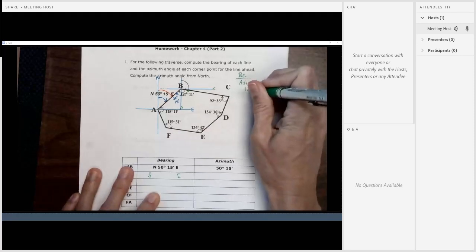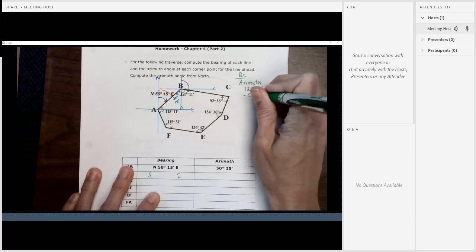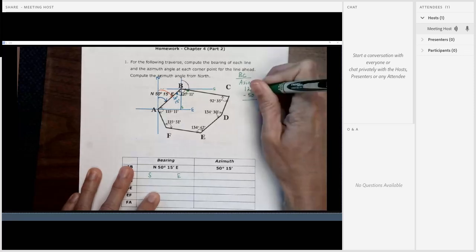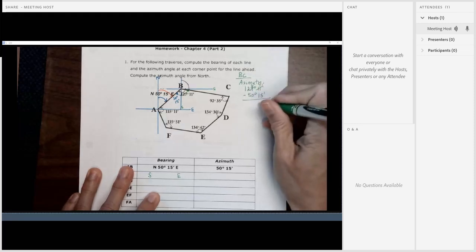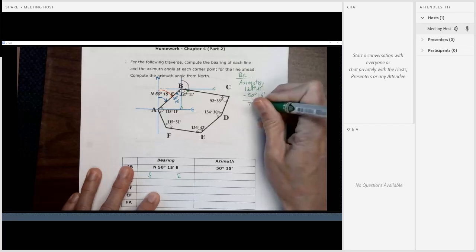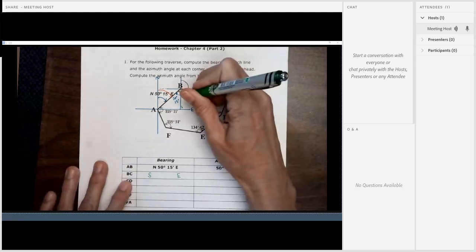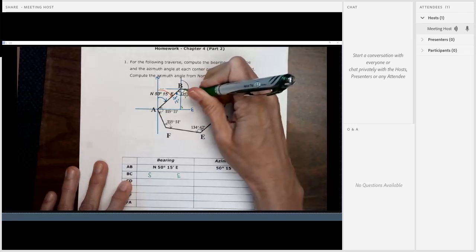So 127 degrees, 11 minutes minus 50 degrees, 15 minutes. I'll need to borrow here a degree. That's 71, and so this becomes 56 minutes. 126 minus 50, 76 degrees. So that's my azimuth measurement in there, 76 degrees, 56 minutes.